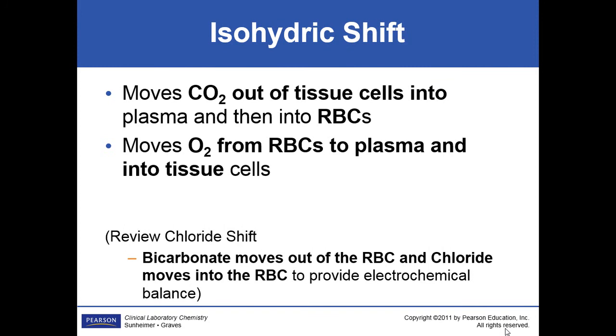Okay, we have an isohydric shift. And that's what we were just talking about, that the RBCs, the hemoglobin, is related to. We've got CO2 moving out of the cells into the RBCs and oxygen from the RBCs into the tissue cells. Okay? And that's considered an isohydric shift. I want you to just remember from last week we did talk about a chloride shift.